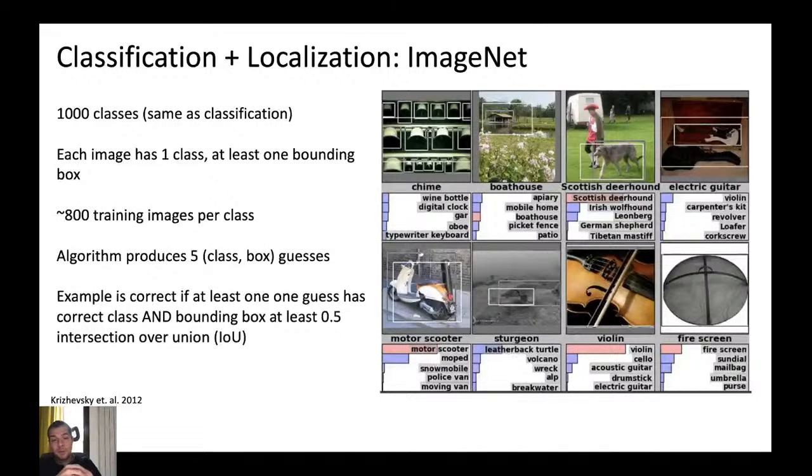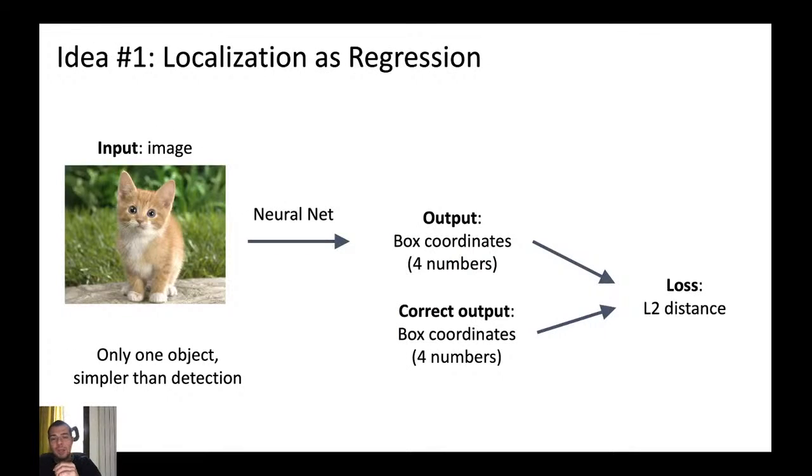The same happens for the localization task, only that besides predicting the correct class, we also have to make sure that the corresponding bounding box has an intersection over union of at least 0.5 with the ground truth.